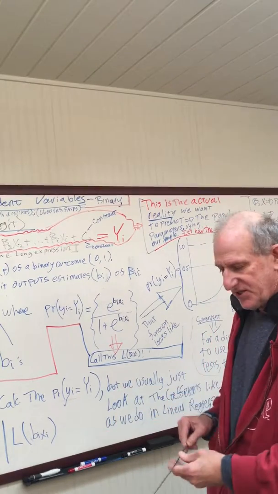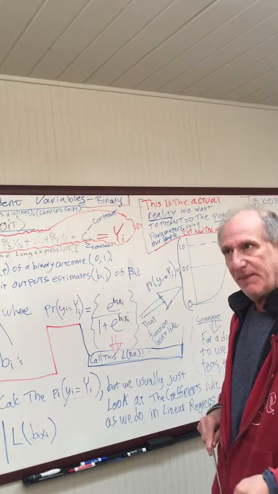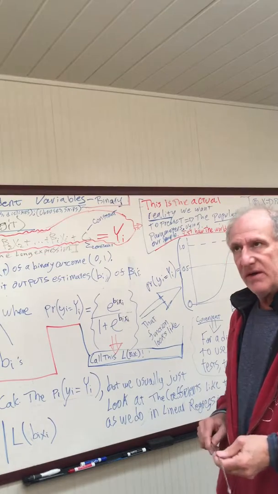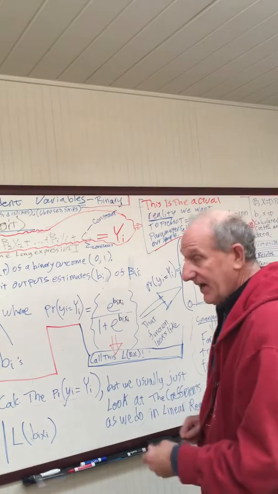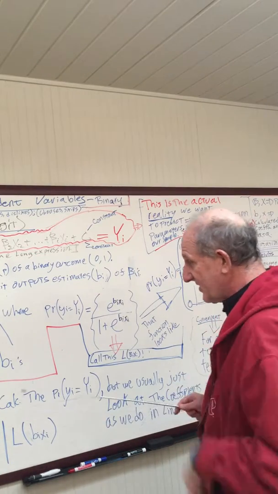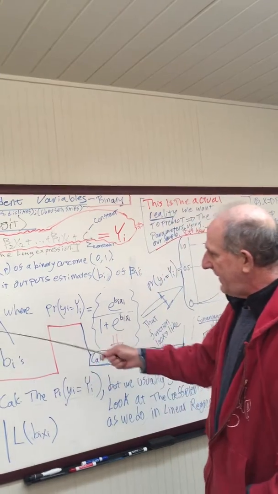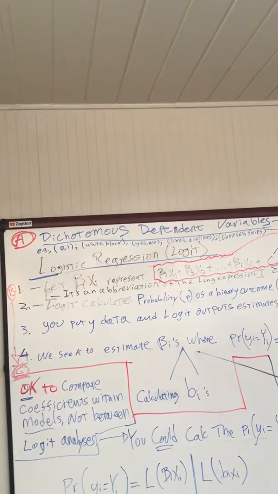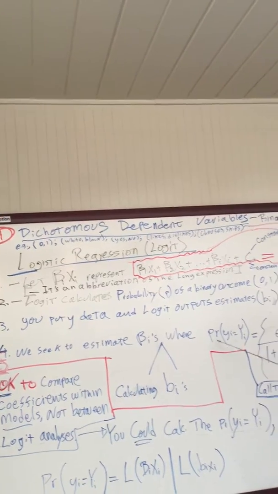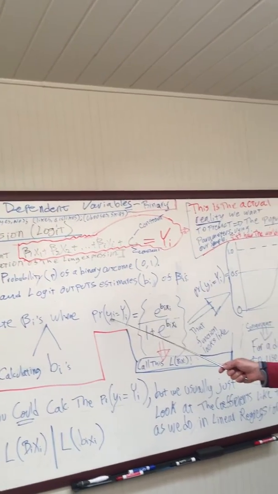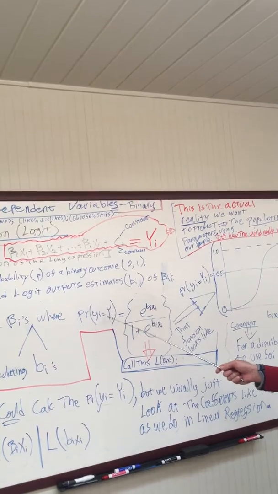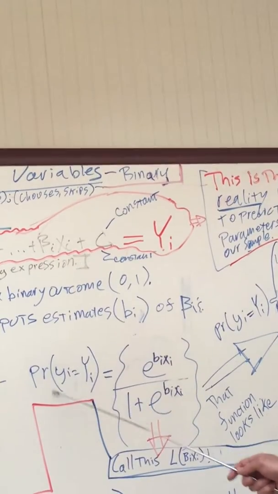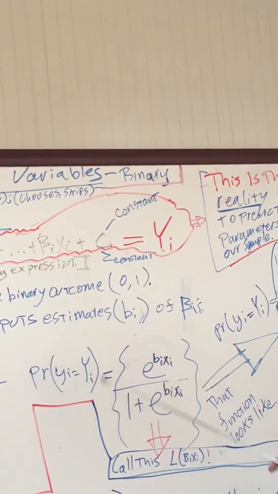I'm changing the notation into something else to make it more tractable to your comprehension and for my ability to express these ideas. So we're seeking to estimate the beta i's, where we're calculating the b's, and so the fundamental relationship we're working for is the probability that the small yi equals the big Yi, where the small yi is the data outcome, and the capital Yi is the actual outcome in the real world.